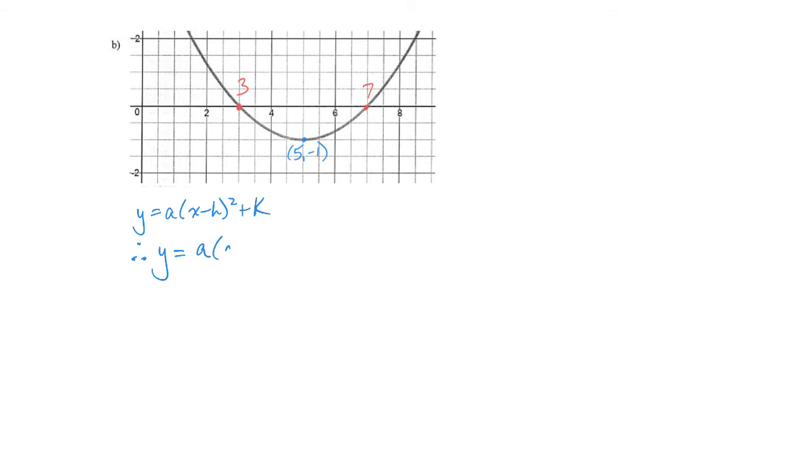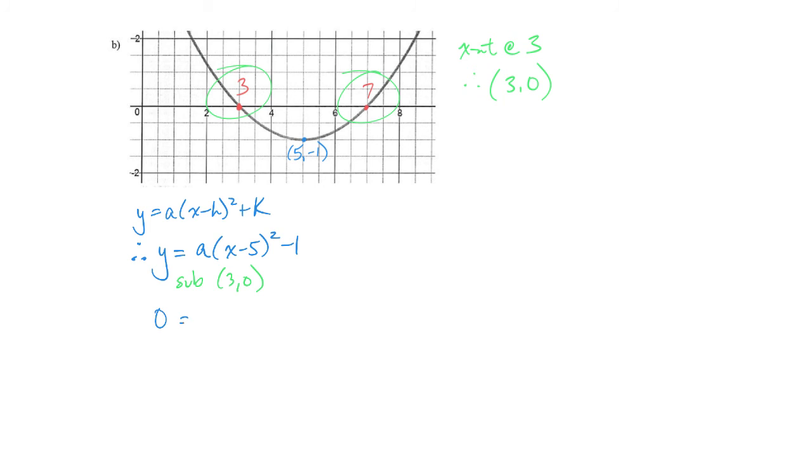What I mean by that is, let's go ahead and sub in our vertex. Now that we did that, we're still missing our a value, but if I look back up, I have been given some x-intercepts. And just keep in mind that, for instance, the x-intercept at 3 really means that we pass through the point (3, 0). And so what I can do then is I can go ahead and sub (3, 0) back into my parabola.